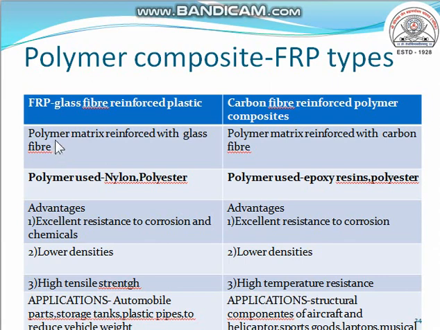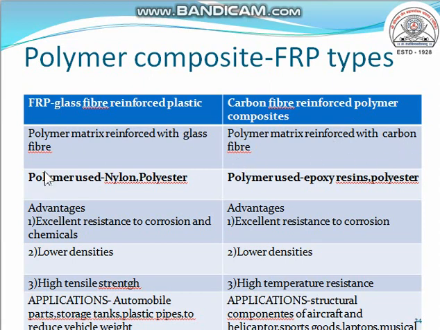So, in FRP, fiber reinforced plastic, the polymer matrix is reinforced with glass fiber. And in carbon fiber reinforced composite, the polymer matrix is reinforced with carbon fiber.